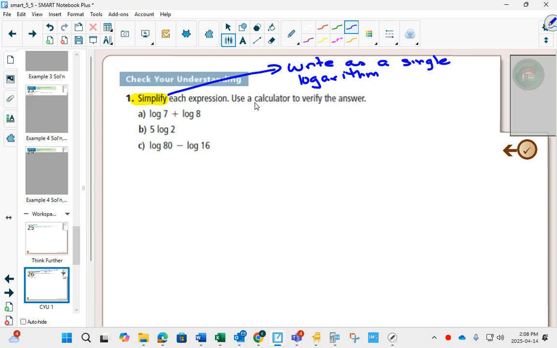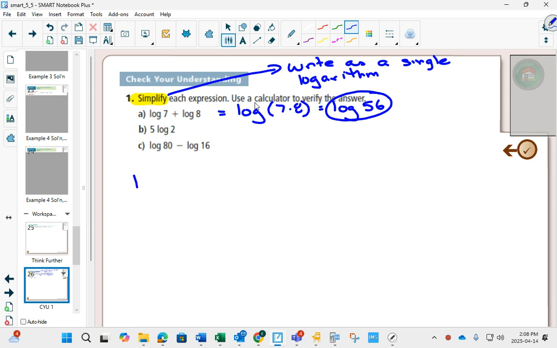So for the very first one, this isn't considered simplified because we're adding 2 logarithms. But I have a log law that says if you add, you can multiply inside, which would make this log of 56, and that would be considered simplified, a single logarithm.